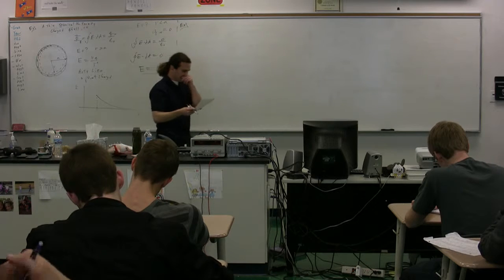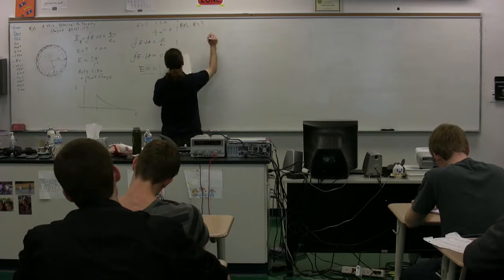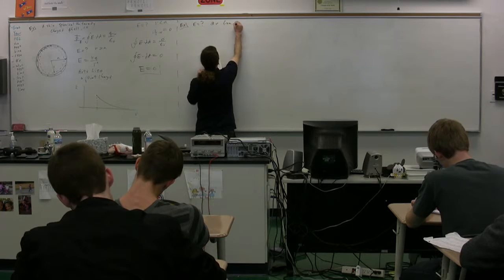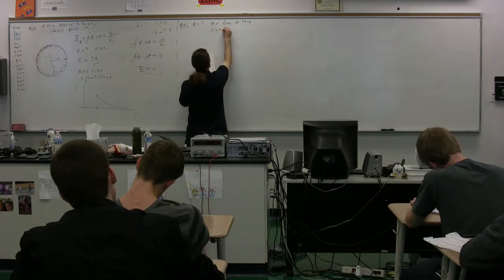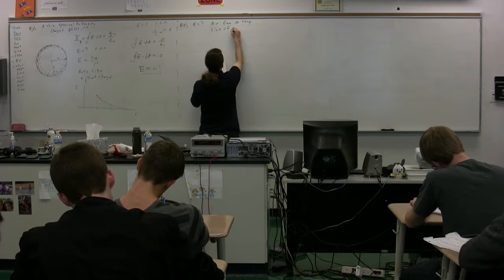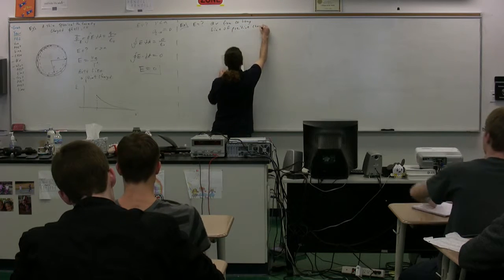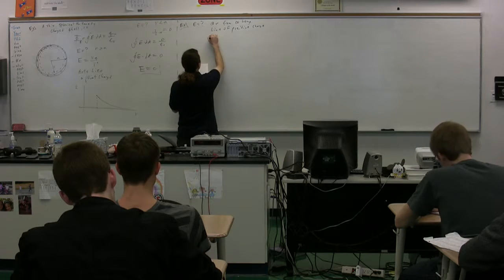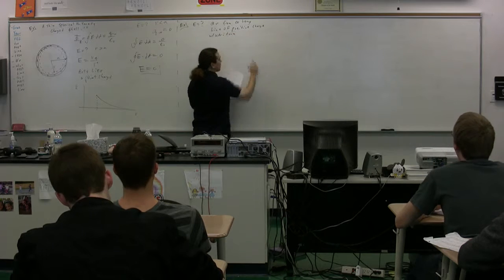Now what we're going to do is figure out the electric field that exists at a point R from an infinitely long line of positive charge with a uniform linear charge density.